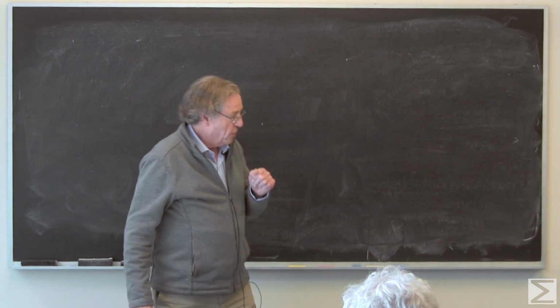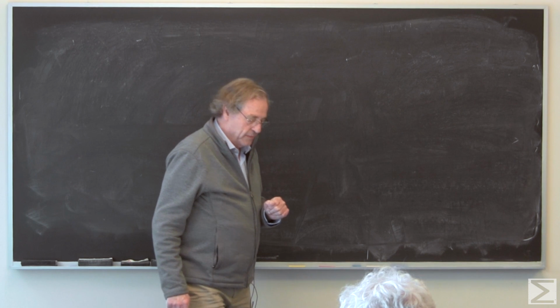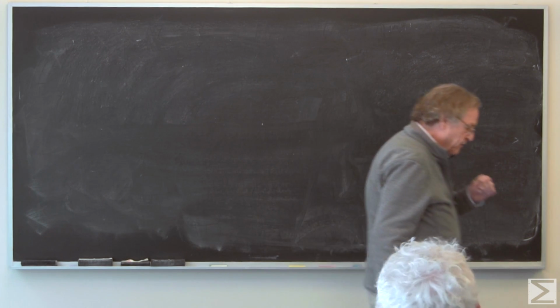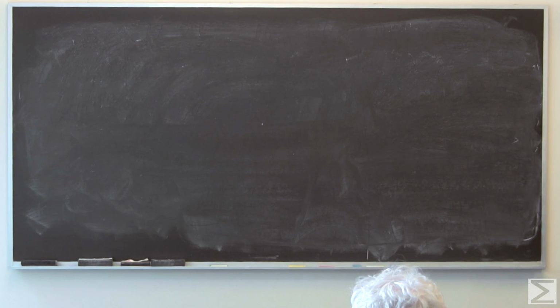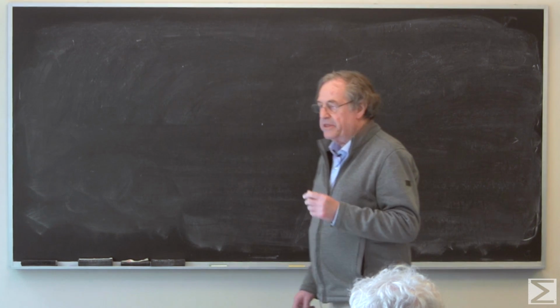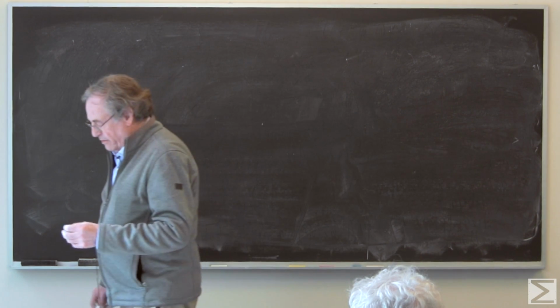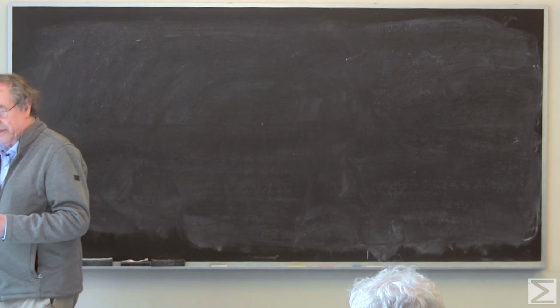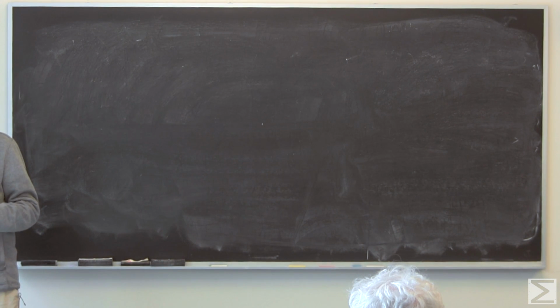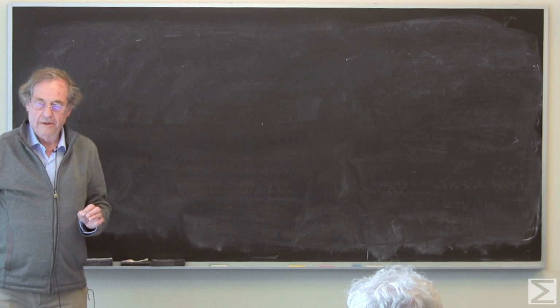So what does the usual Cohen structure theorem say? It says that if I have a complete Noetherian equicharacteristic local ring, doesn't have to be a domain, then it is a quotient of a power series ring with coefficients in its residue field. Okay, that's the Cohen structure theorem.